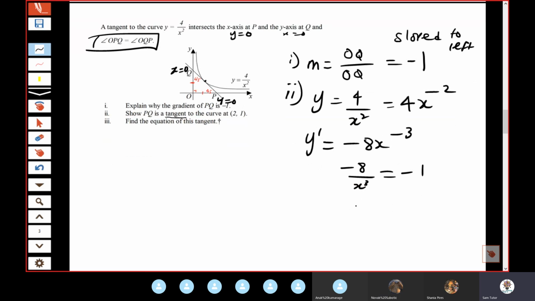Then multiply: -8 equals minus x cubed. x cubed equals 8, and x equals the cube root of 8, so 2. That's good. You've got the x value, but you haven't shown the y value. Sub it back in, 4 on x squared. Easy stuff. Therefore, (2, 1).